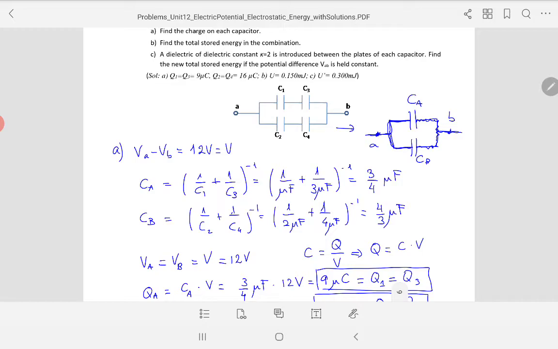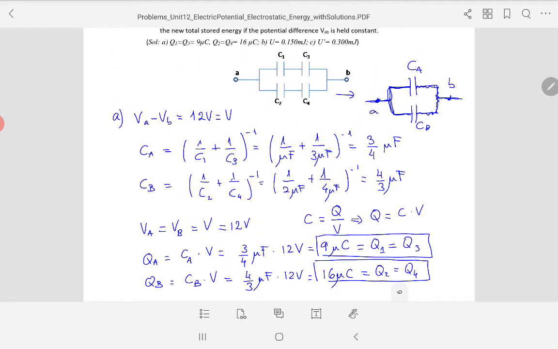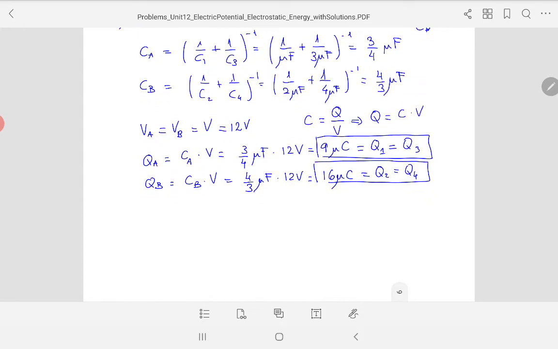The second one was to find the total energy stored in the combination. This is quite easy. There are several ways to do it. The simplest way with what we already know is finding the energy stored in capacitor A, the energy stored in capacitor B, and then adding them up together. So we're going to look for the energy stored in capacitor A, which is 1/2 times the charge in A times the potential drop across.